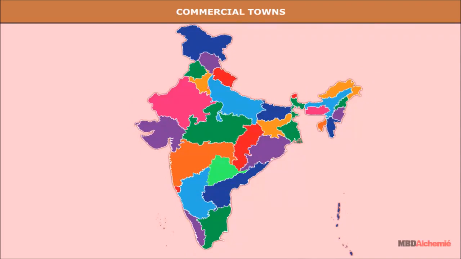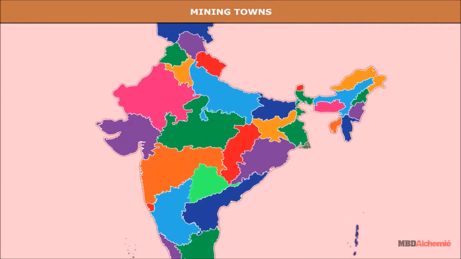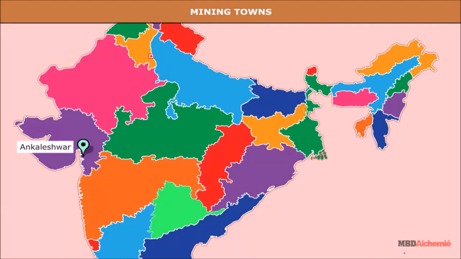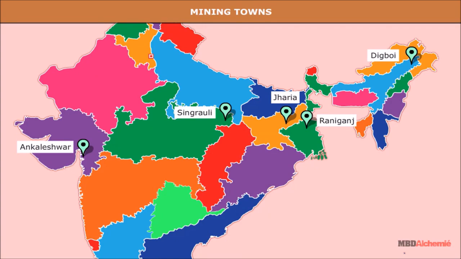Cities and towns specializing in trade and commerce are kept in this class. Kolkata, Satna and Saharanpur, etc. are some examples. Mining towns. These towns have developed in mineral-rich areas such as Ankleshwar, Raniganj, Jharia, Singrauli and Digboi, etc.